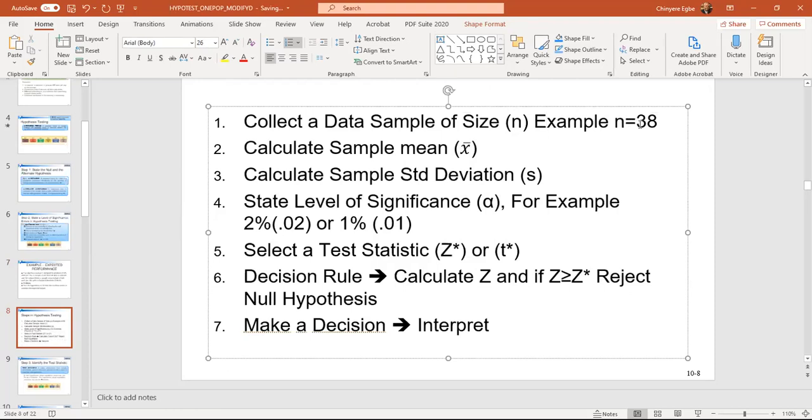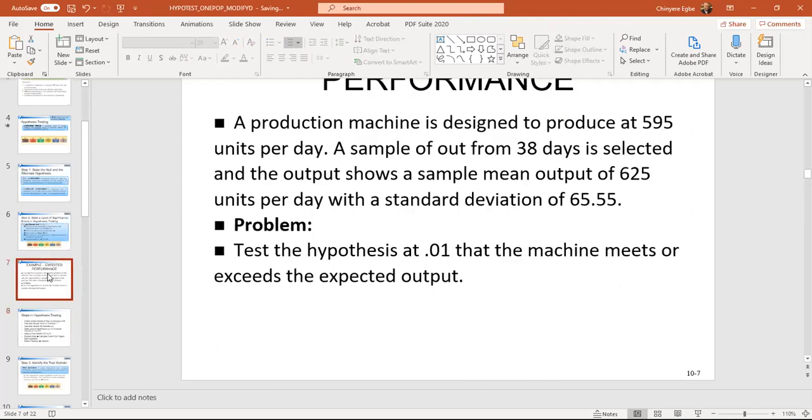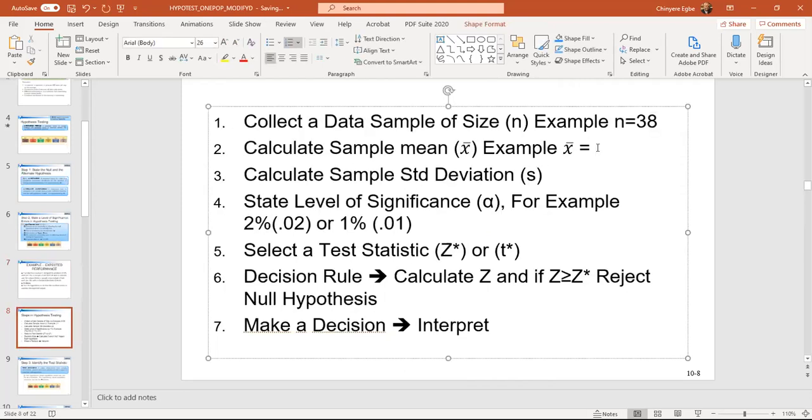Our example was n equals 38, and we already calculated the sample mean, X bar. The sample mean was 625.